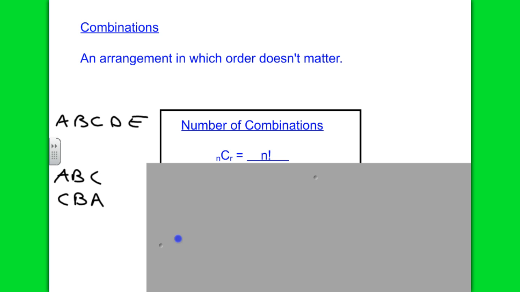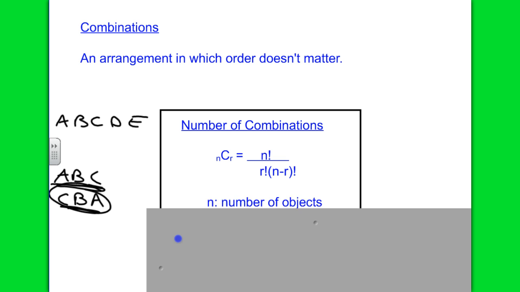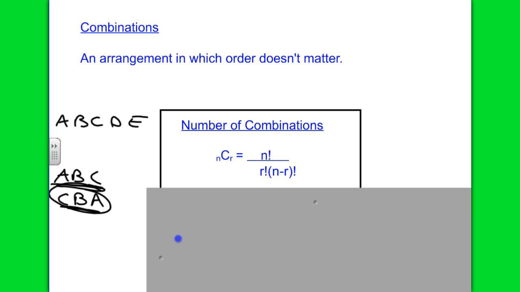But now we're having to get rid of all of these duplicate combinations and say there's only one group that includes A, B, C, even though there are a lot of ways you could arrange A, B, C. The way that we get rid of all those extra arrangements, those permutations, is by dividing by r factorial, the number of arrangements in the arrangement.